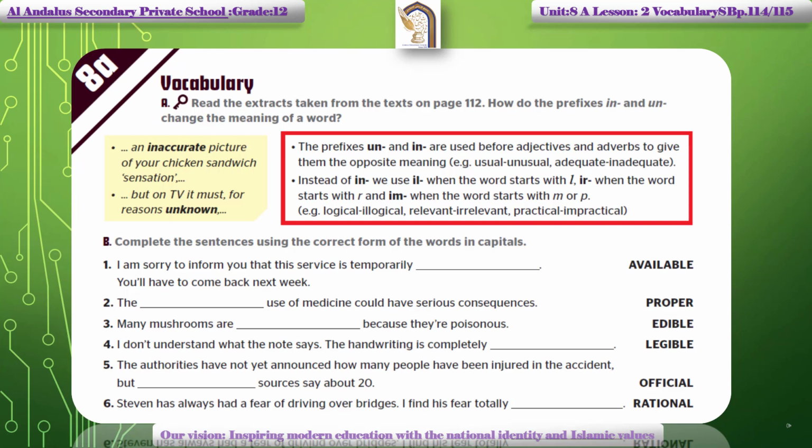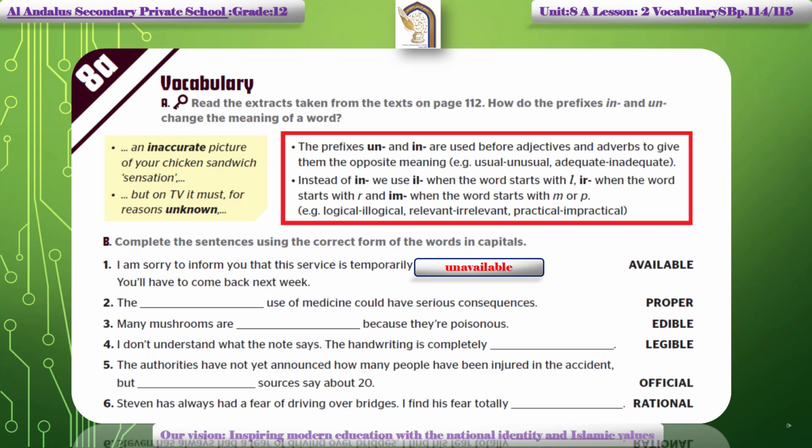So, the correct answer is: I am sorry to inform you that this service is temporarily unavailable. Thank you very much. This is a correct answer. Sentence 2. The use of medicine could have serious consequences.